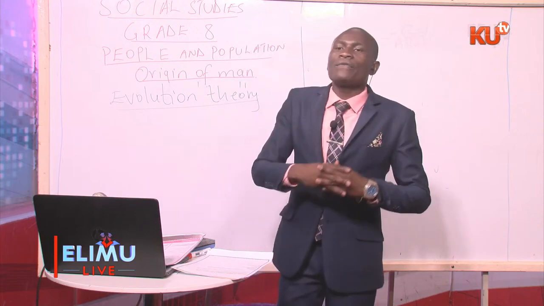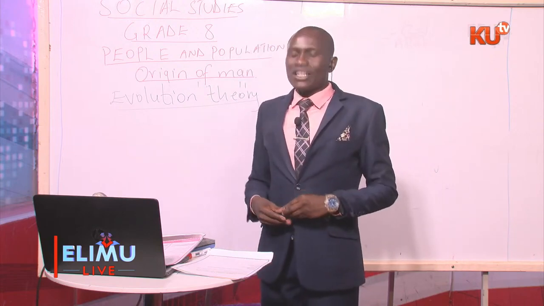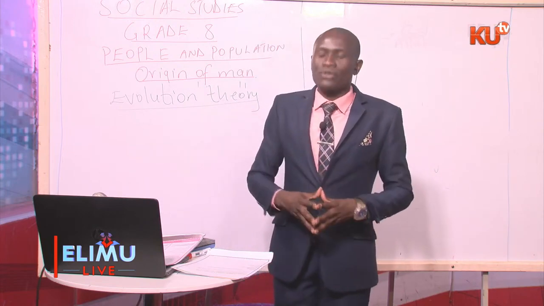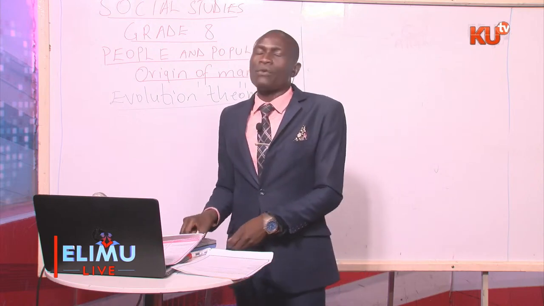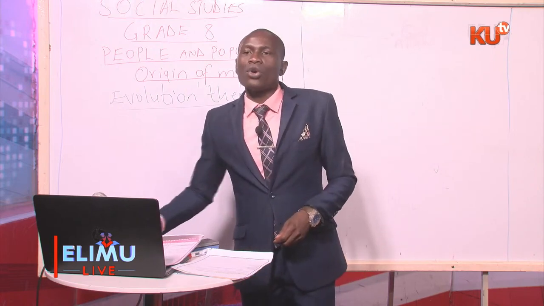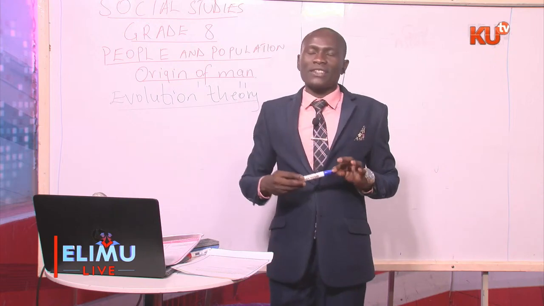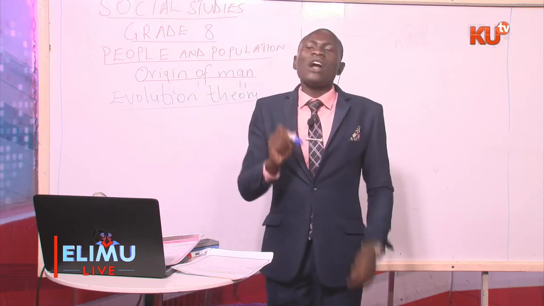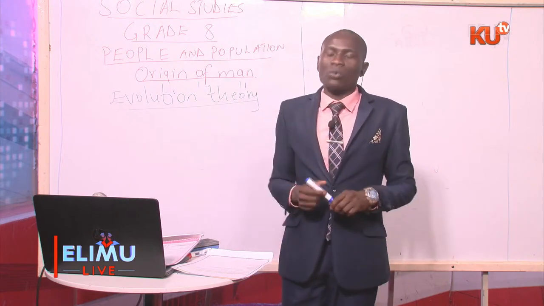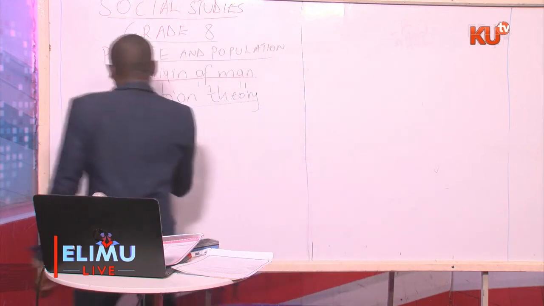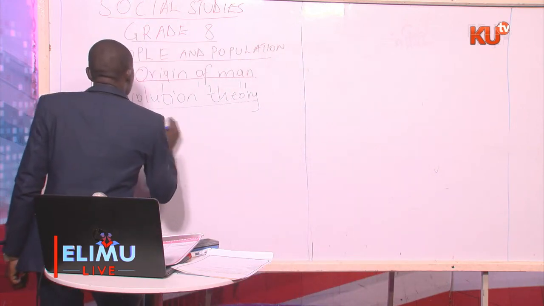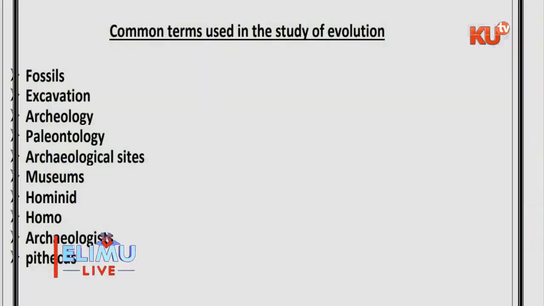As we are going to look at evolution theory, there are terms that are related to evolution, and we'll be looking at what these common terms used in the study of evolution are. Or in other words, when Charles Darwin was studying evolution theory, what were some of the terms that were used? The first one is fossils.